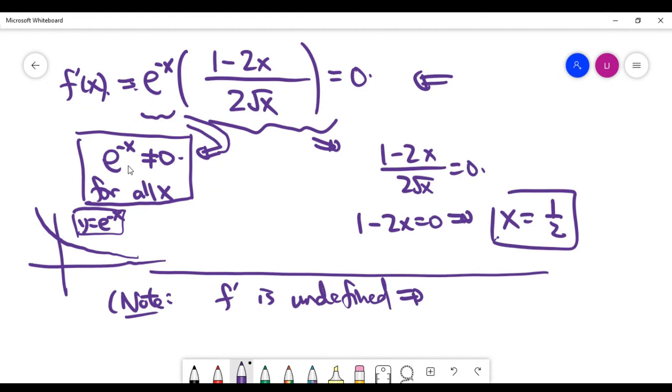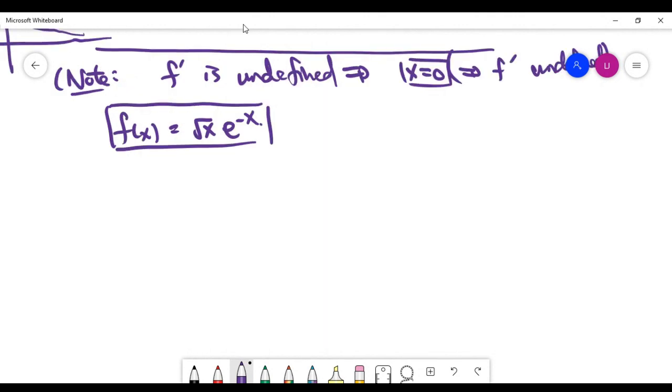And if you look at f prime at the top here, can it be undefined? The answer is yes. Numerically speaking, when x is 0, f prime would be undefined. However, let's go back to the original function f. What is the domain of this function? Based on the property of the square root, for the square root of x, x can only be non-negative.